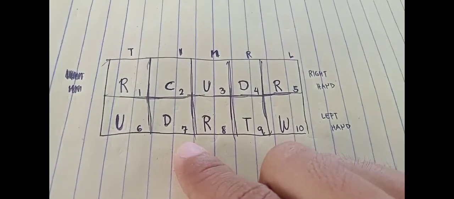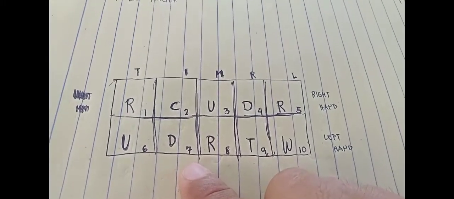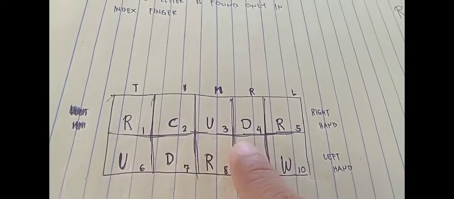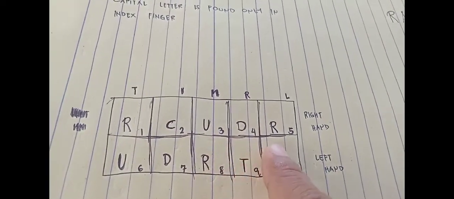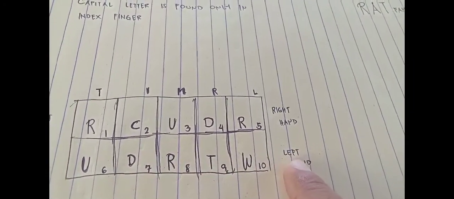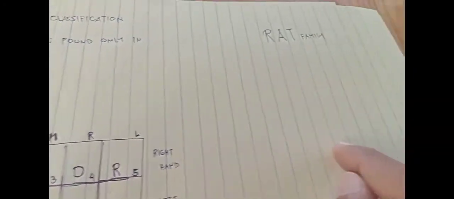And the rest of the fingers are for small letters: fingers number 1, 3, 4, 5, 6, 8, 9, and 10. But remember that not all patterns are included in small letters. It will only be included if it is a member of the rat family.